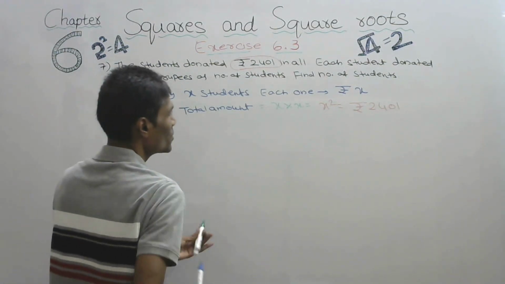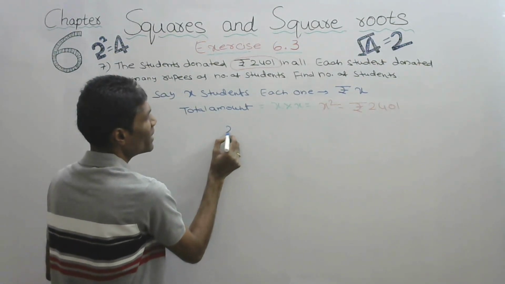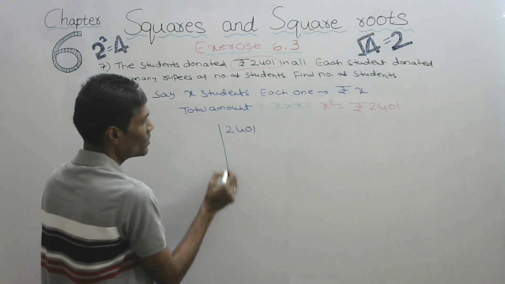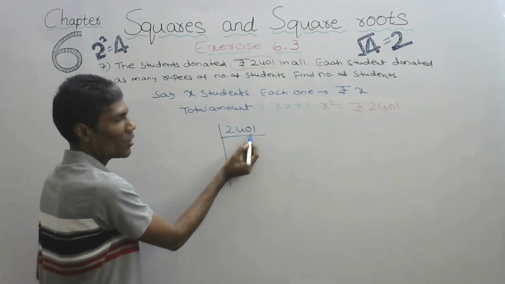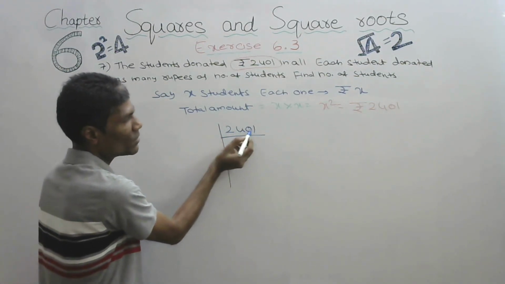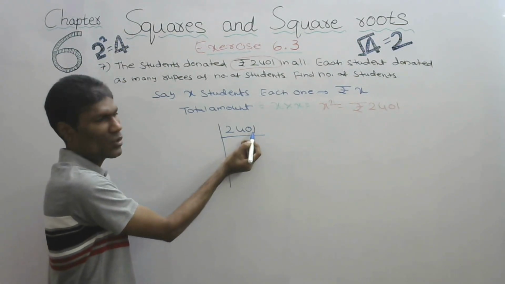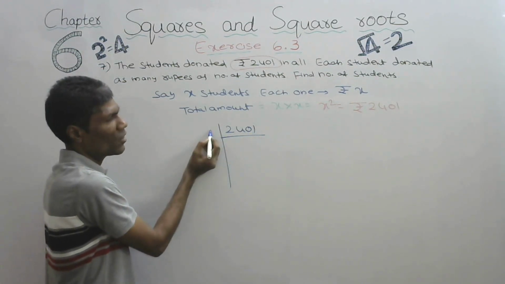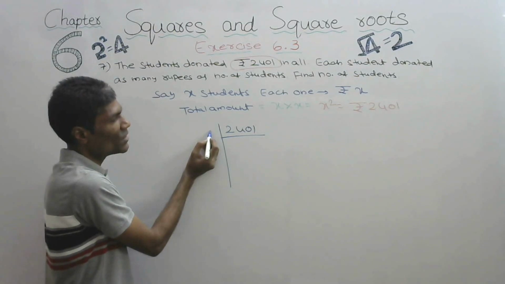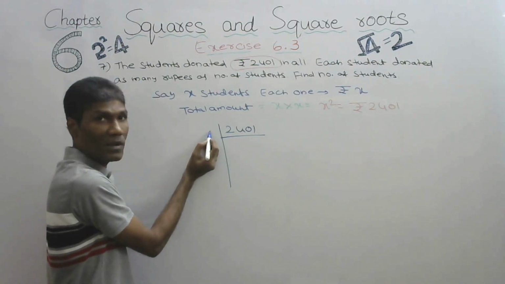Let us do it. First we will do the prime factorization of 2401. 2 table? No. 3 table? 2 plus 4, 6 plus 1, 7. So, no. 4? No. 5? No. 6 table? No. 7 table?